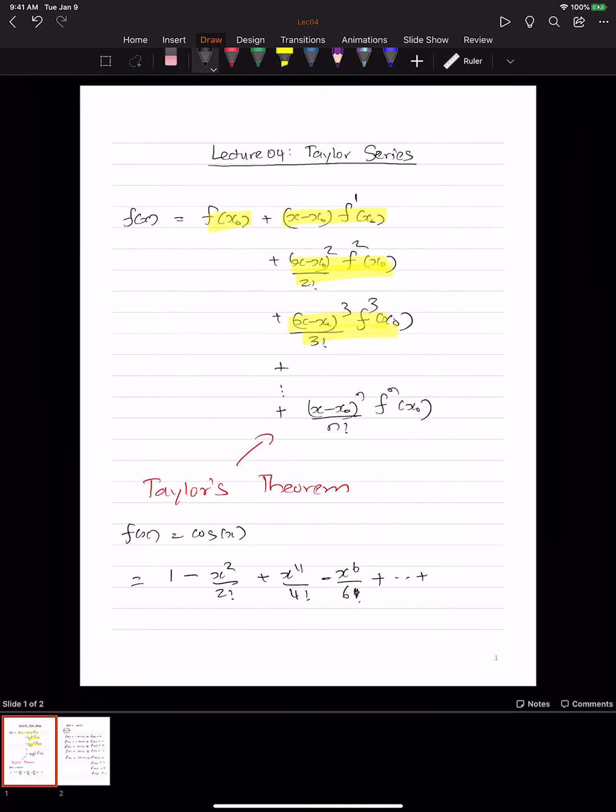The nth term, after careful thinking, you will see will be minus 1 to the power n, x to the power 2n over 2n factorial.